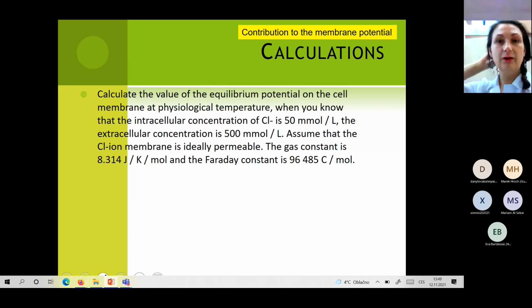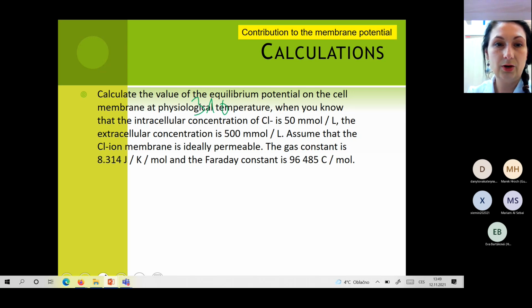Calculate the value of the equilibrium potential or resting membrane potential on the cell membrane at physiological temperature, 310, when you know that the intracellular concentration of chlorine is 50 nanomole per liter, extracellular concentration of chlorine is 500 millimole per liter.